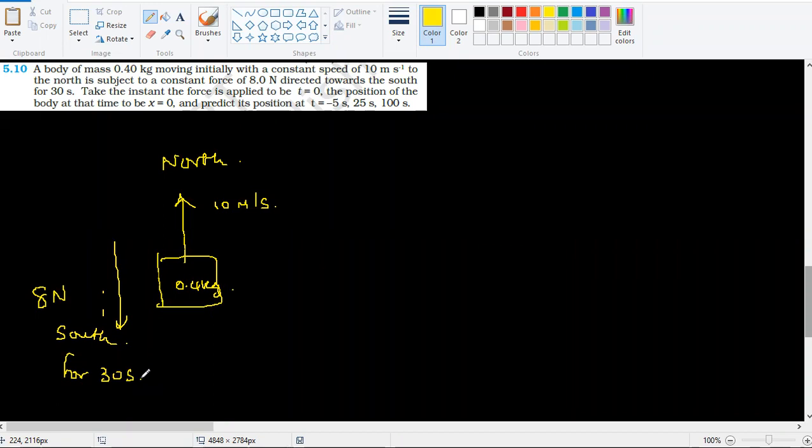Take the instant the force is applied as t is equal to 0 and predict its position at t is equal to -5 seconds.